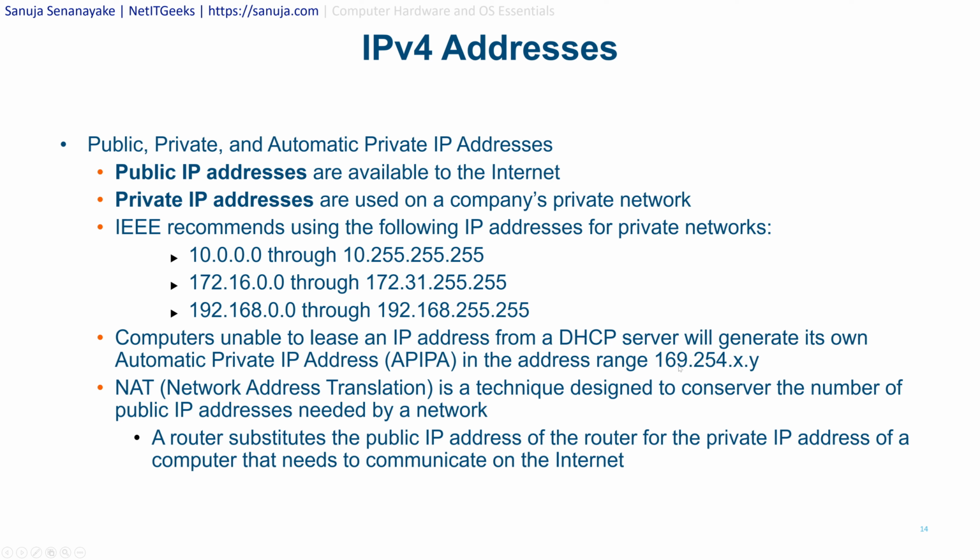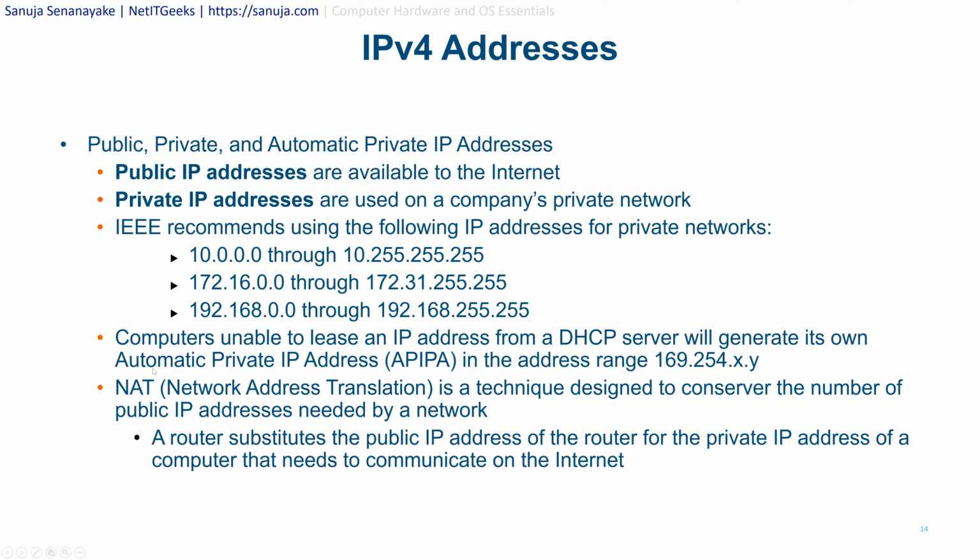So 169.254.0.0 all the way to 169.254.255.255 can be the X and Y. And this APIPA is associated with the IPv4 addressing scheme, not IPv6, which I will describe next.